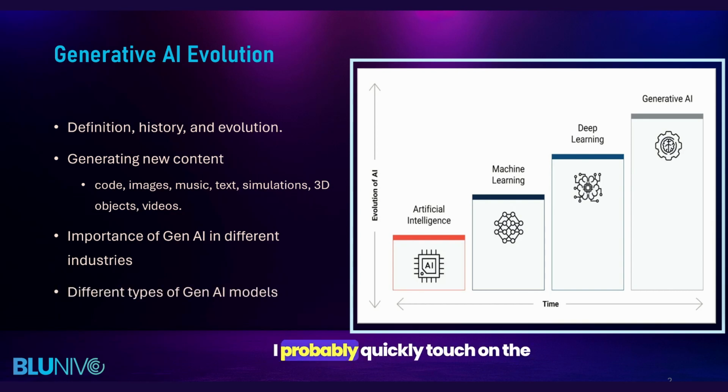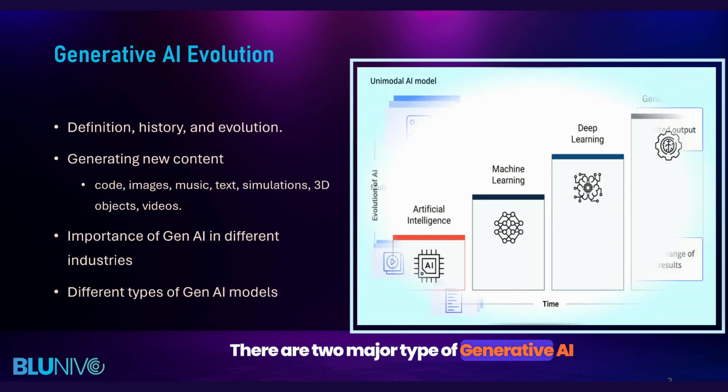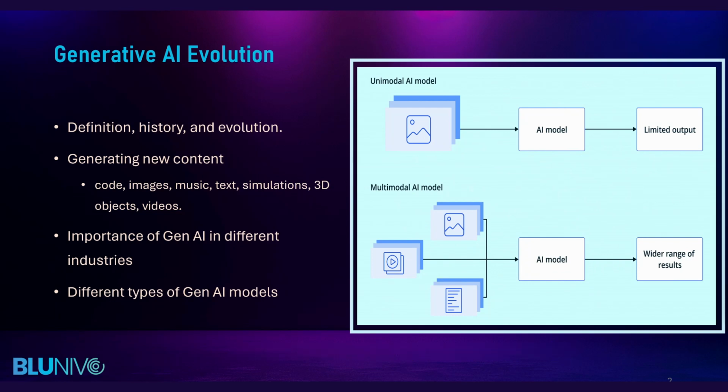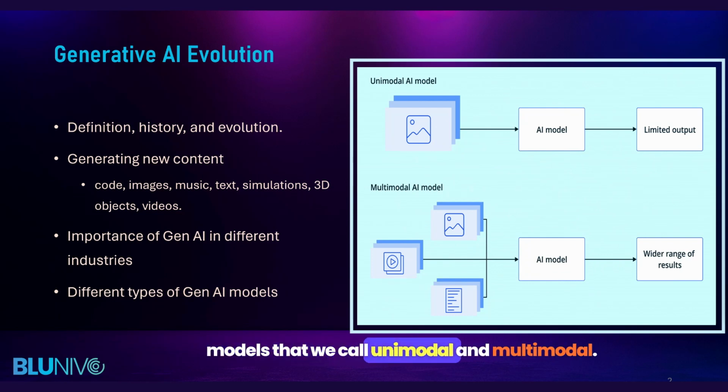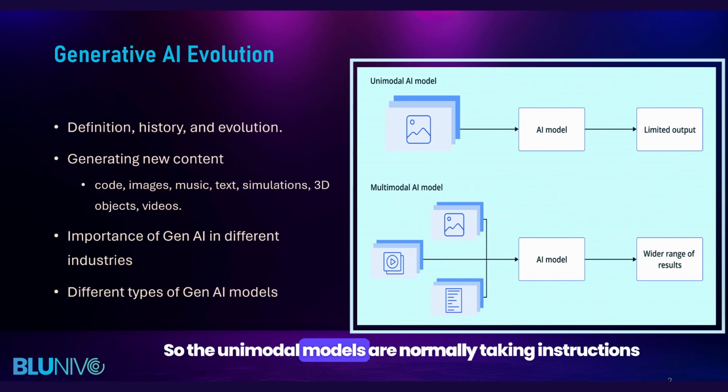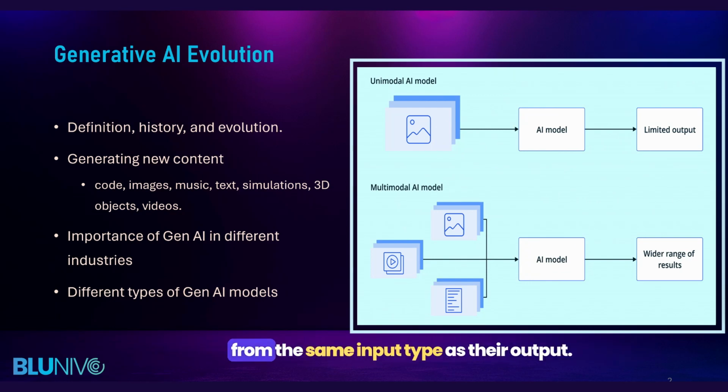I'll probably quickly touch on the different types of generative AI models. There are two major types of generative AI models that we call unimodal and multimodal. Unimodal models normally take instructions from the same input type as their output.